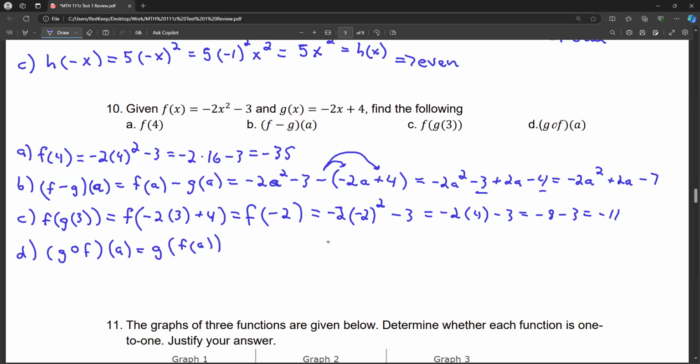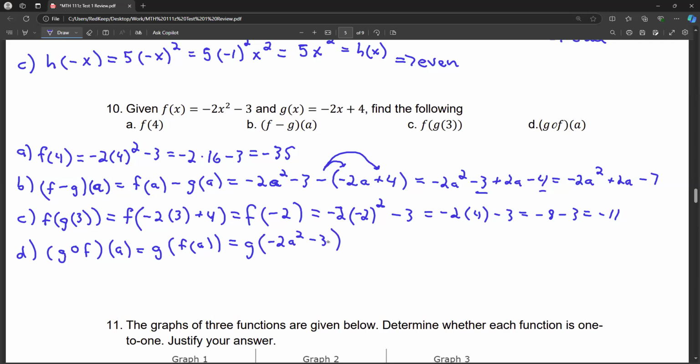So here I'm going to go ahead and plug in A into the F function to start, right? So plugging in A into the definition of F, I get -2 times A squared minus 3, just like so, and close the parenthesis.